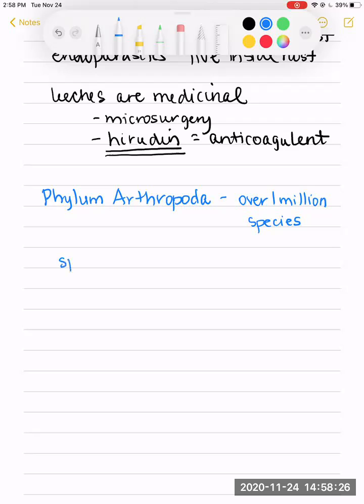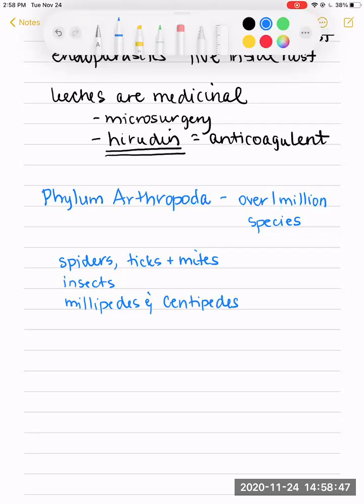So it includes spiders, ticks, and mites, which are all grouped together. It includes the insects, millipedes, and centipedes. It includes all the crustaceans.